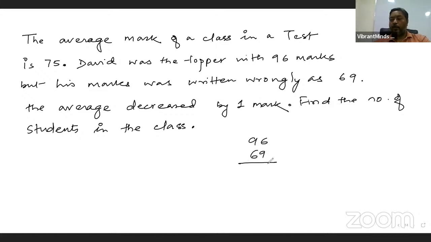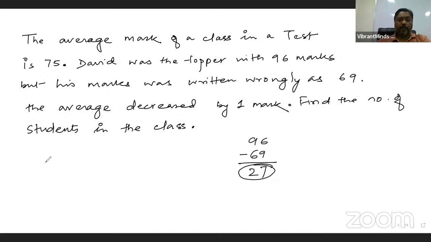How much less marks we got? So we got 96 minus 69, that is 27.